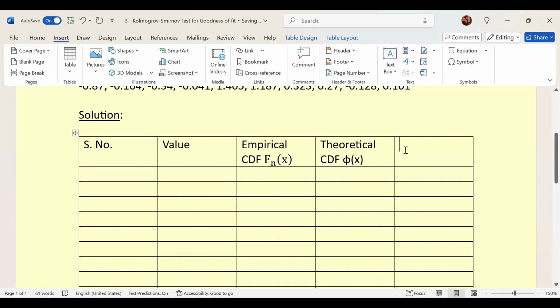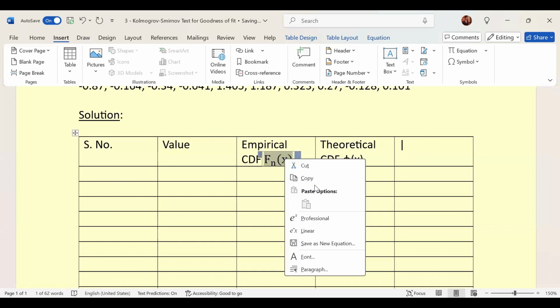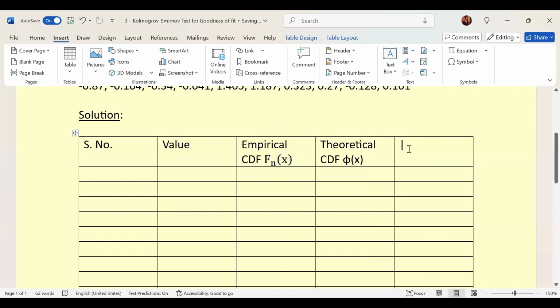Here we will have the modulus of these differences, this minus this.